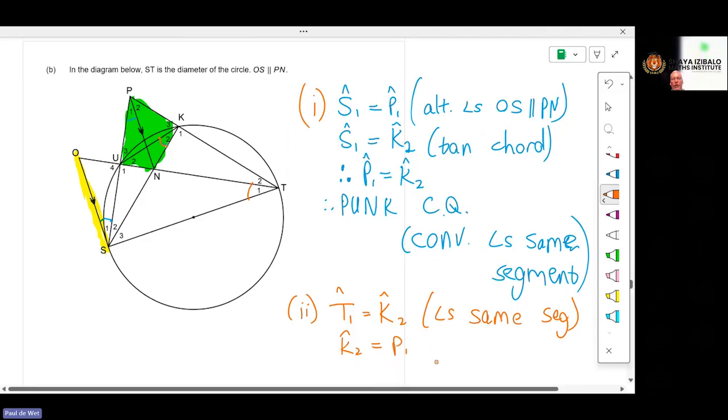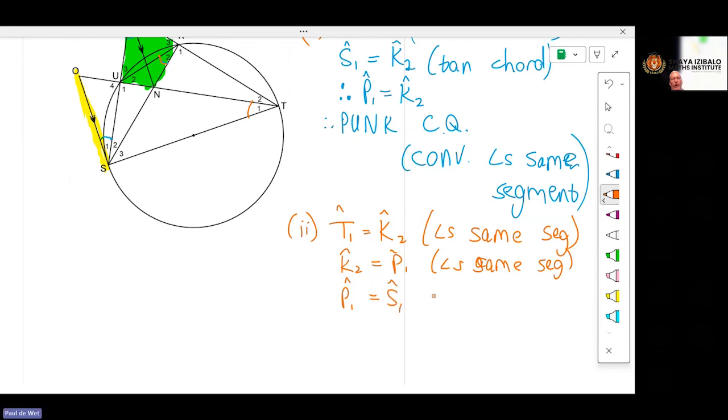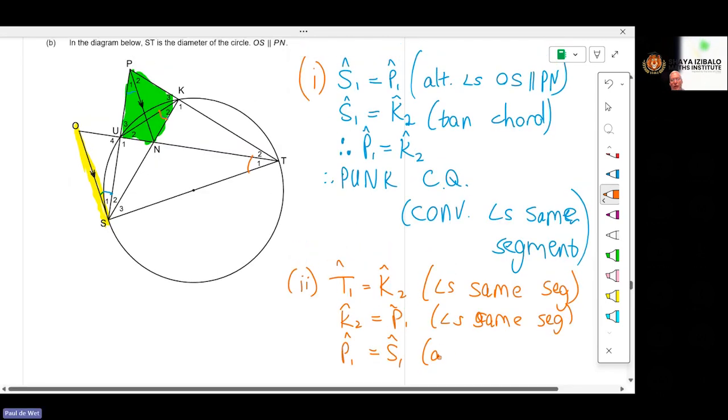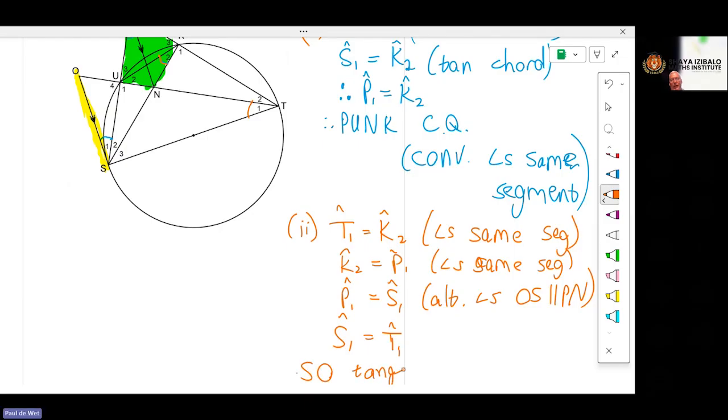Okay, K2 is P1, or it's also angles in the same segment. P1 is equal to S1. Yeah, we probably don't need to do all these because we've done them already. P1 equals S1, and the reason for that is alternate angles. Let's say S1 is equal to T1. Therefore, S1 is equal to T1. Well done, 100%. Okay, nice.